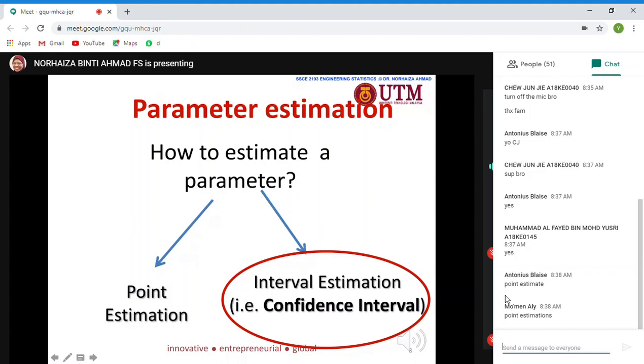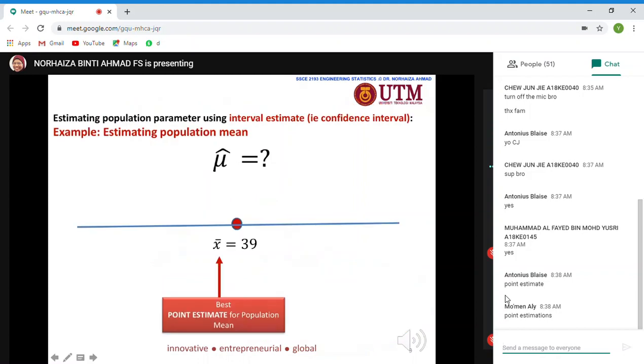Another method, this method of interval estimation, is also known as confidence interval. Okay, so basically you know that this is a point, this is an interval. So what do we mean by an interval? Just now we have a point estimate, which is a point on the line number.